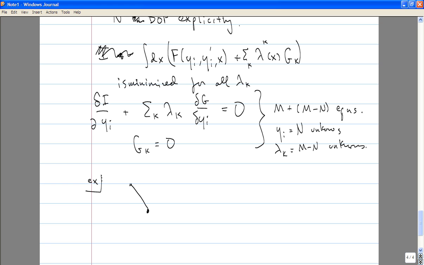So if I have a pendulum of mass m, which is attached by a rod of fixed length L to some fixed origin, then it has a kinetic energy.